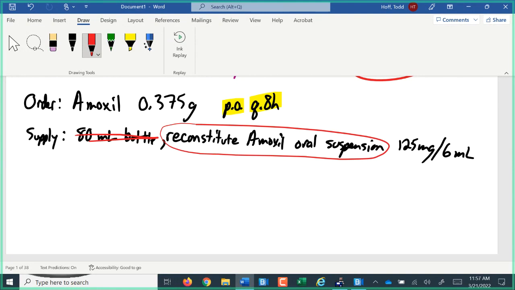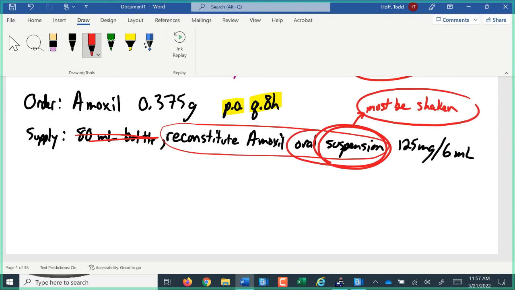Typically, they will say how much water to add to the vial. This one, I didn't put that in there. But all that means is you're going to add a specified amount of sterile water or normal saline into that vial to mix it. Oral suspension, the term suspension, it means it must be shaken before you use it. If it said solution, you don't necessarily have to shake it.